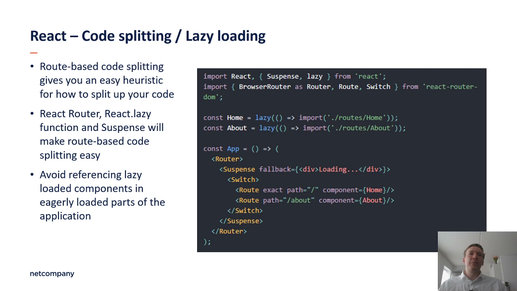I find this syntax much more intuitive and much more concise than Angular, and it really makes code splitting very, very easy. And of course it avoids re-referencing your lazy loaded components in an eagerly loaded part of the application, because then it all defeats the purpose and you'll have to load the component anyways.